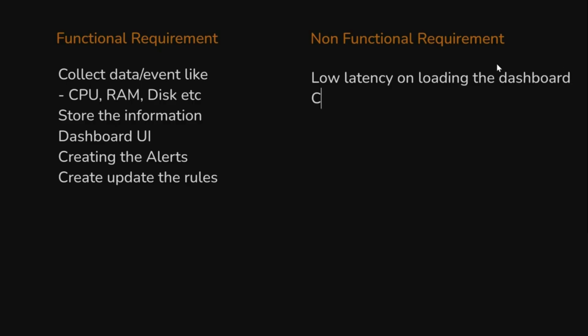And about the CAP theorem, as we have a distributed system, we need high availability over consistency for this dashboard.